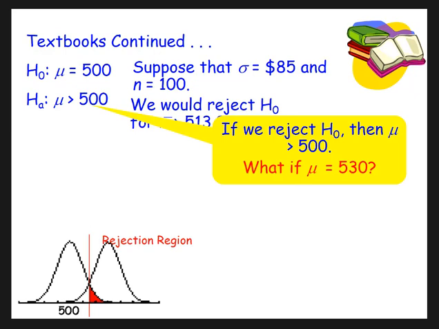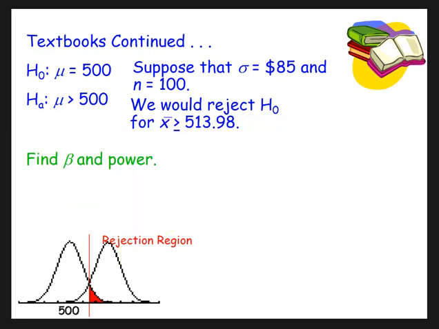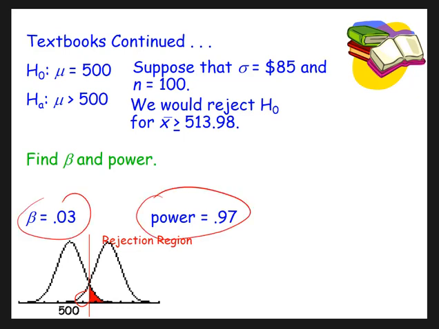So if we reject H0, then the mean is greater than 500. What if it were 530? Well, here, with 530, the curve would be significantly further to the right. So beta is just this probability down here, significantly smaller. Smaller beta, though, is a larger power.